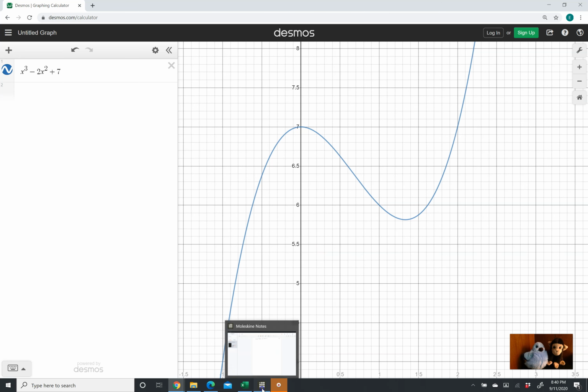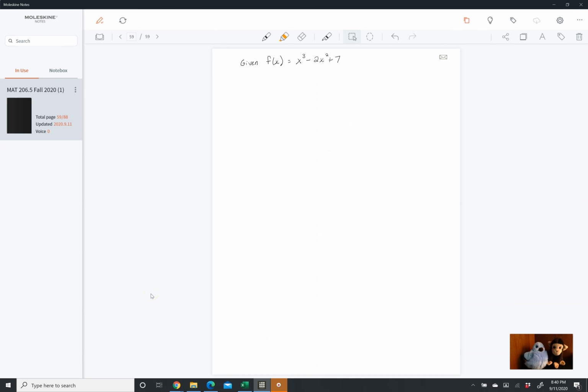So let's do that. F of x, we're going to find the average rate of change from x equals -1 to x equals 1. Okay. So we're going to find the corresponding y's first.